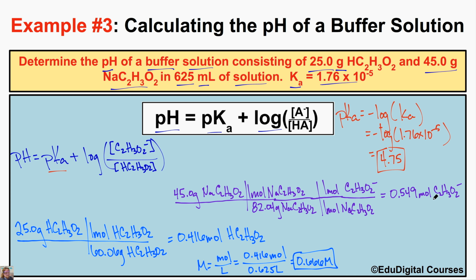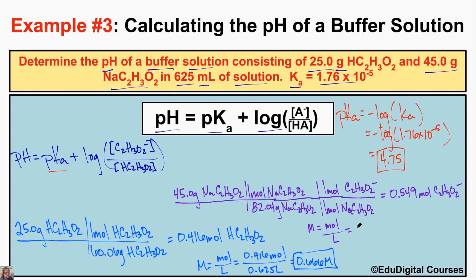But now we have to figure out the concentration. These brackets mean concentration, so we have to calculate the molarity. To get the molarity of our conjugate base, we take the number of moles and divide it by the liters of solution.